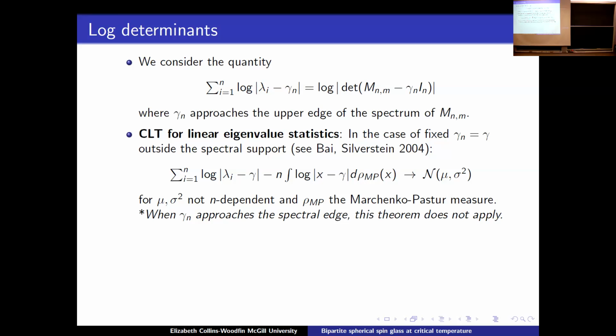Now we don't have that issue of certain terms blowing up because gamma is sufficiently far away from the lambda i's. If you subtract its mean, which is calculated from taking the integral of this against the Marchenko-Pastur density, then you get an order 1 Gaussian random variable.